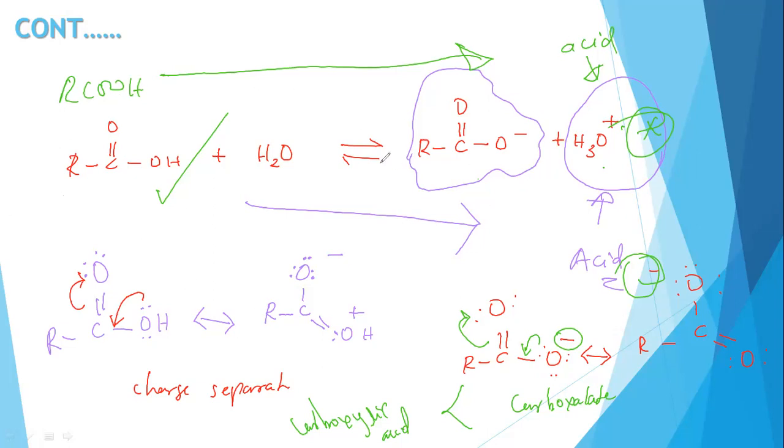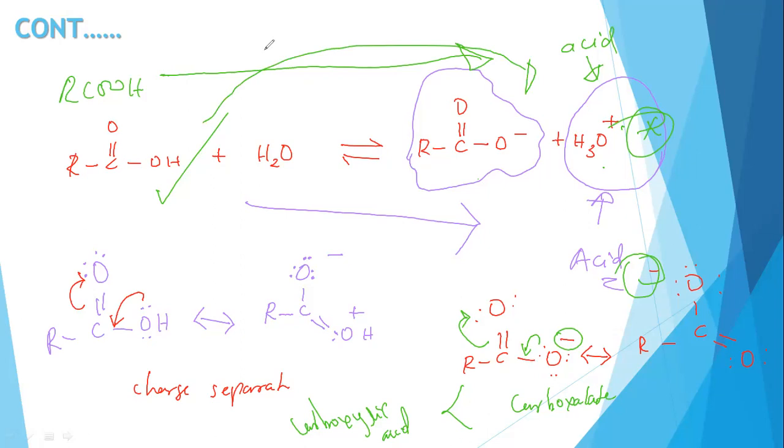Why? The stability of the carboxylate ion is higher than the stability of the carboxylic acid. The production of the carboxylate ion is more favored. That's why the reaction moves more forward toward the right side.